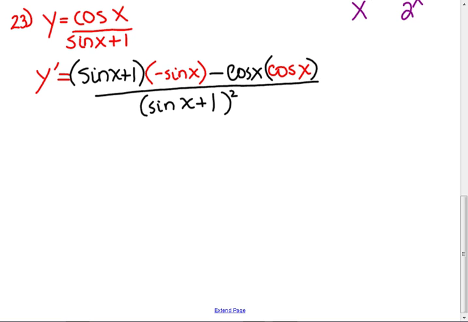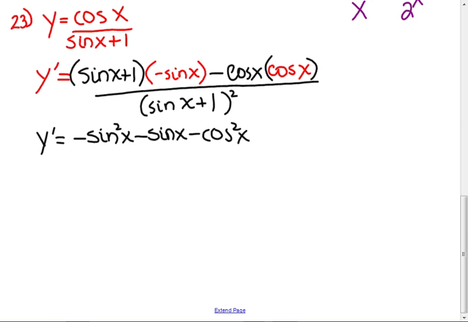Let's simplify this. Now, if this is free response, it's good enough. If they had you evaluate this at 30 degrees, you put in 30 degrees, and you leave it. You can, except that this one's kind of nice. If it's multiple choice, that won't be the answer on the sheet, because this ends up being what? Negative sine squared of x minus sine of x minus cosine squared of x.